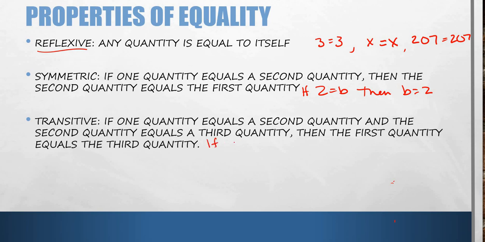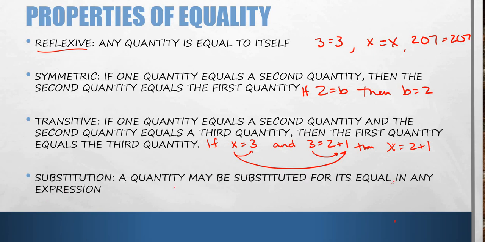So, if x equals 3 and 3 equals 2 plus 1, so that's the first equals the second, and if the second equals the third, then the first will equal the third. So we can say then x also equals 2 plus 1.